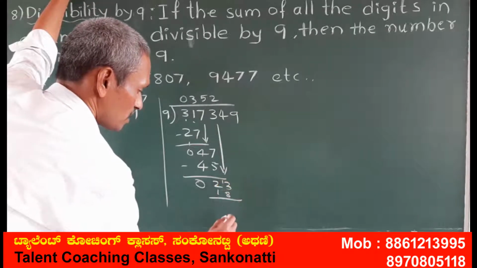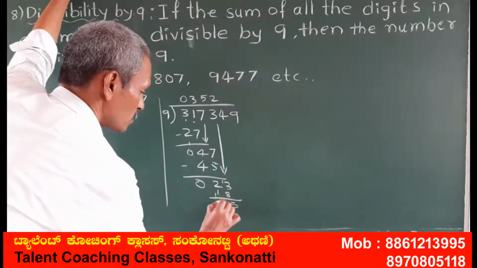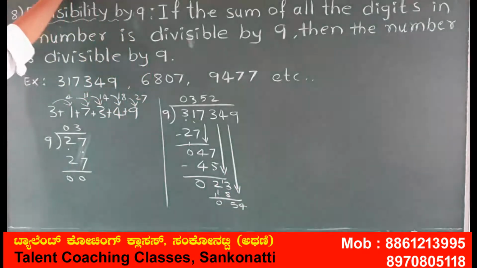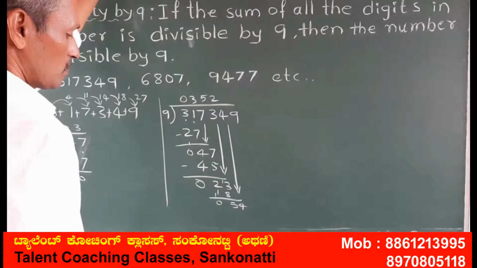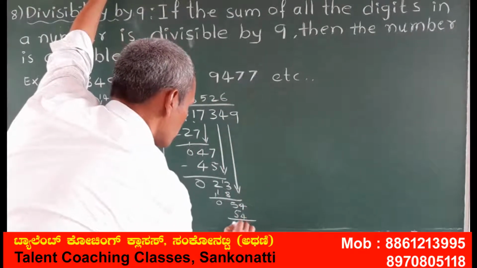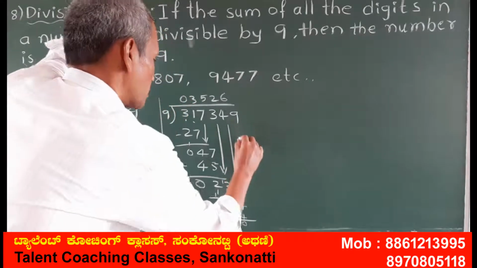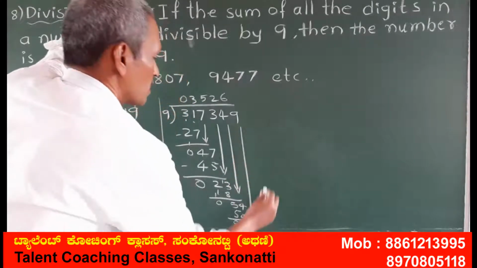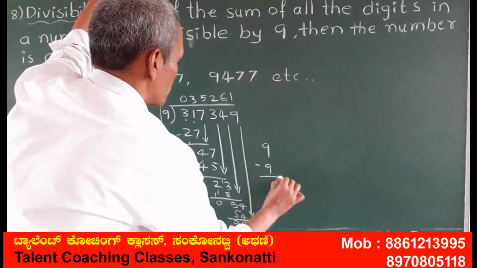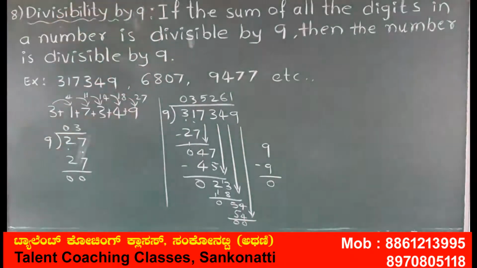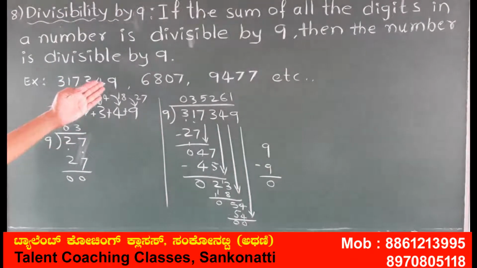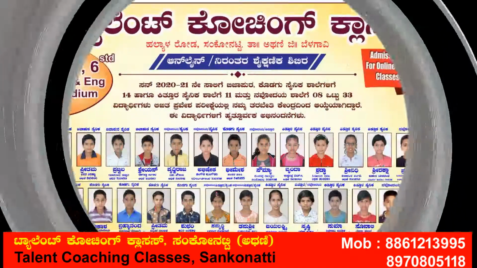Now 13 minus 8 is 5. 0, take this 4 down. 54. 9 6s are 54. Now it becomes 0. Now take this one down. I will write here, and 9 1s are 9. Subtract, we will get 0 at last. So the number 317349 is really divisible by 9.